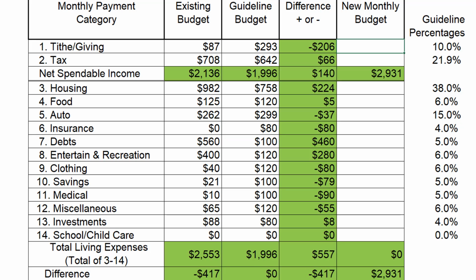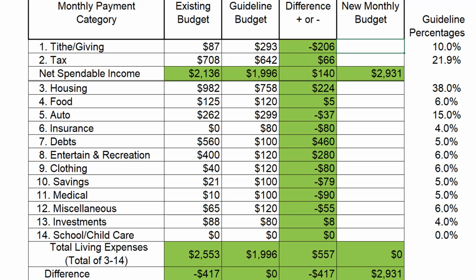As you can see, using the guideline percentages, the total living expenses in the guideline spending plan column is $1,996, with a difference between the net spendable income and the total living expenses of $0. You can also see that the difference column has completely filled itself in using pre-existing formulas.